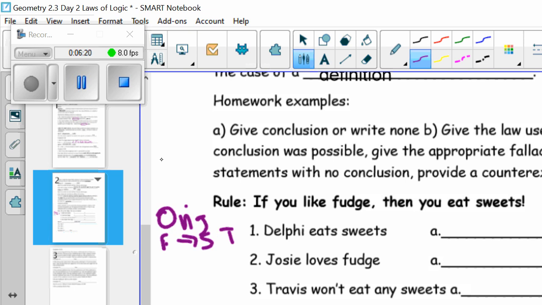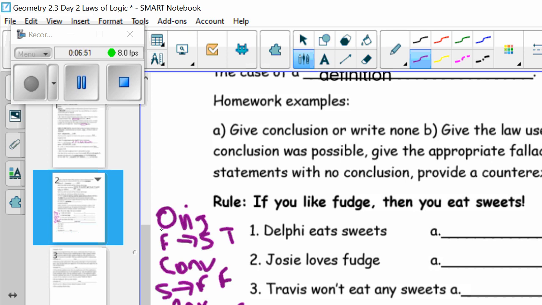Then my converse is to switch those. So if you like sweets, then you like fudge. Well, that doesn't have to be true, so that would be false. And the inverse, so I negate the original. So if you don't like fudge, then you don't like sweets. Again, that could be false. And then finally, my contrapositive.